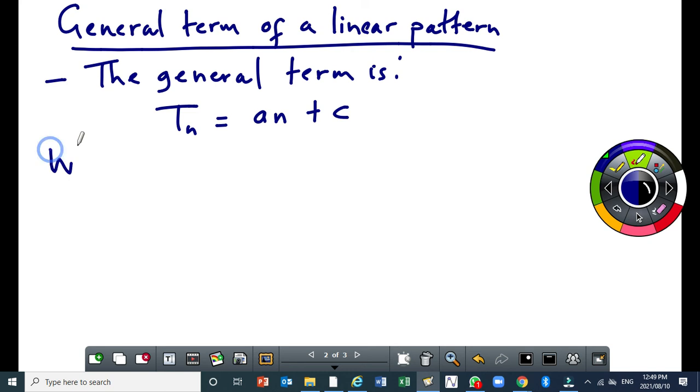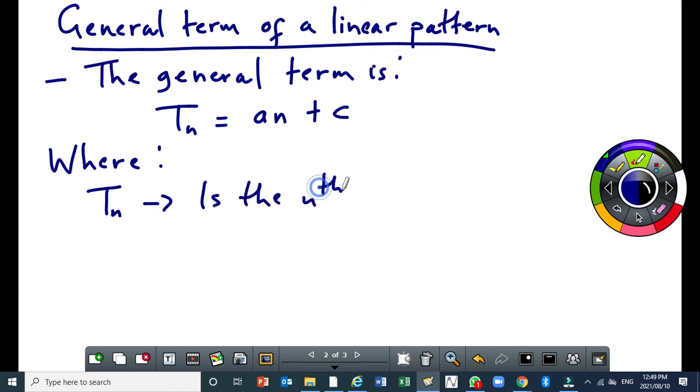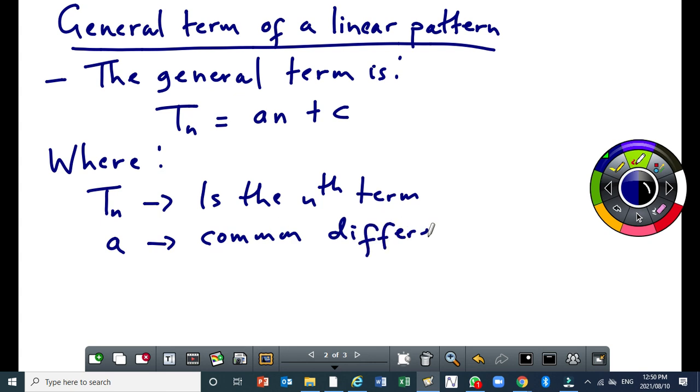Where Tn is the nth term, right? A, this one is called the common difference, okay? Whereby A is, in general formula, A is equal to, say, T2 minus T1.